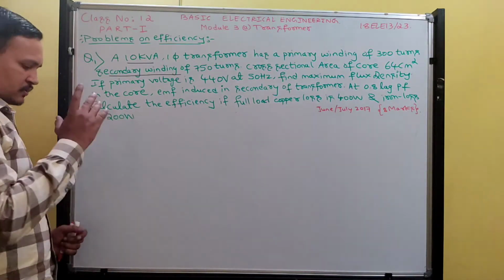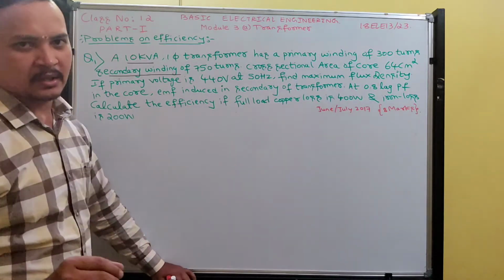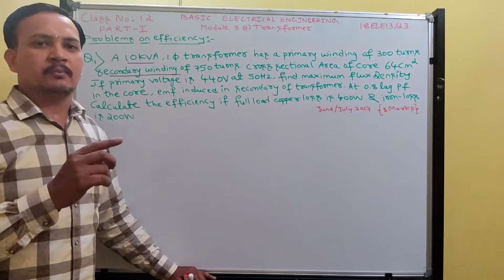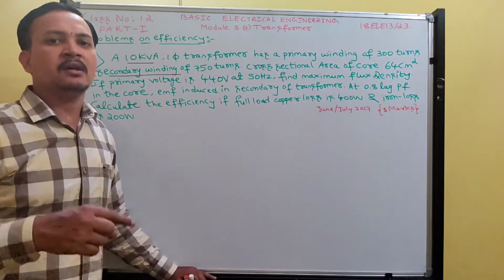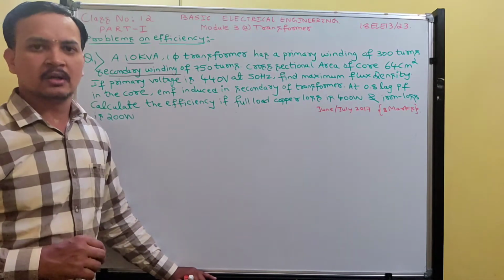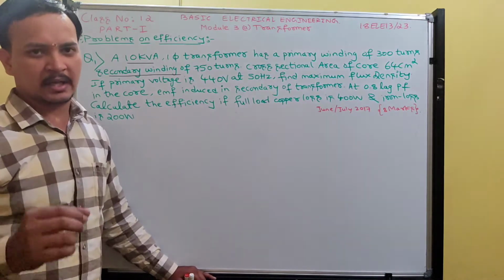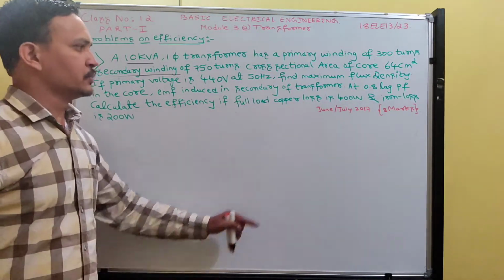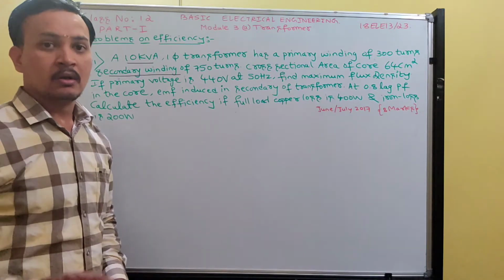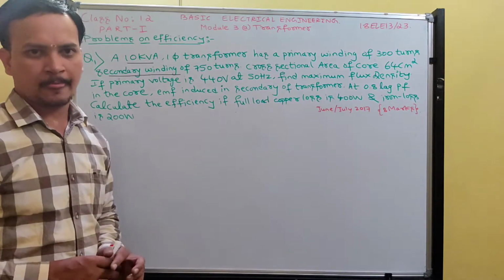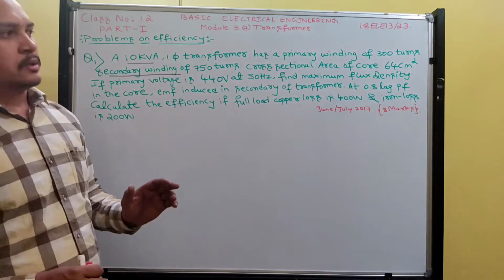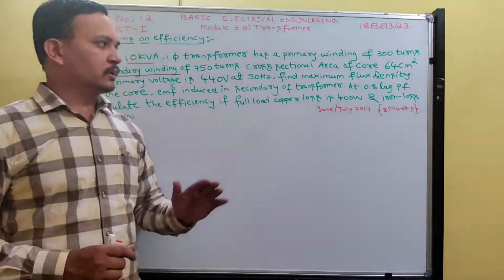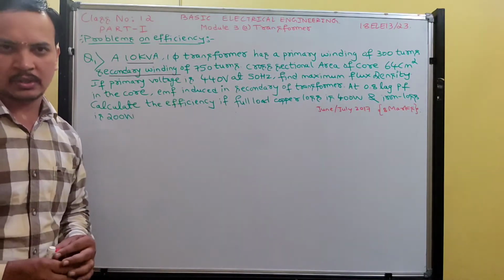Why I have taken this question: some student asked me, sir, is there any question combining problems on EMF equation and efficiency equation? Yes, of course that question they can ask, and VTU asked that pattern of question in June-July 2017 for 15 scheme syllabus. The same topic is also in 18 scheme syllabus, so they can ask this type of questions.